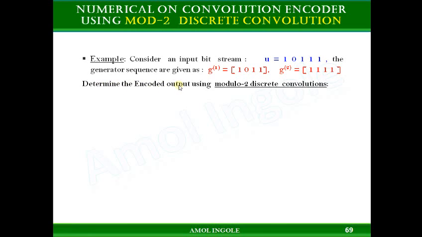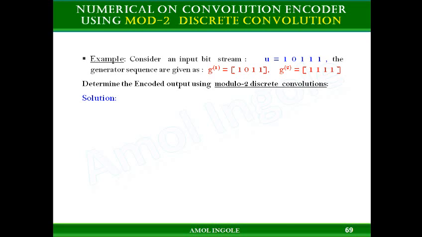Determine the encoded output using modulo 2 discrete convolution. So we are going to use modulo 2 discrete convolutions to find the output of this encoder. So let us see.